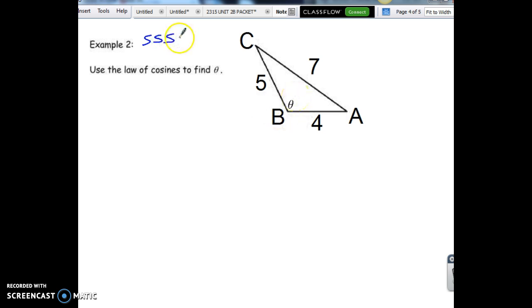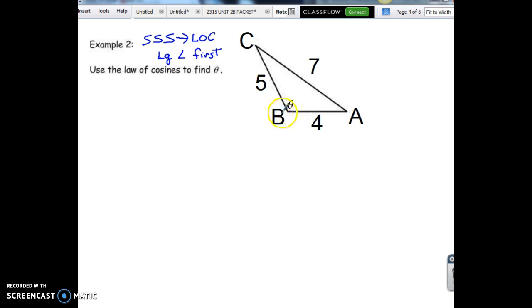Whenever you have side, side, side, you must use LOC, law of cosines. And when you use law of cosines, you must go after the largest angle first. Well, we know that the largest angle would be across from the longest side. So we're going to go after angle B.